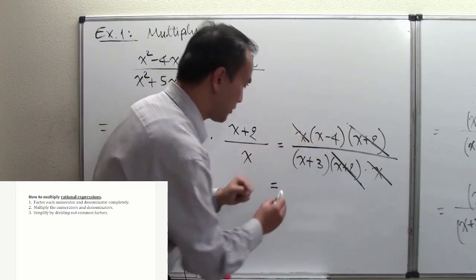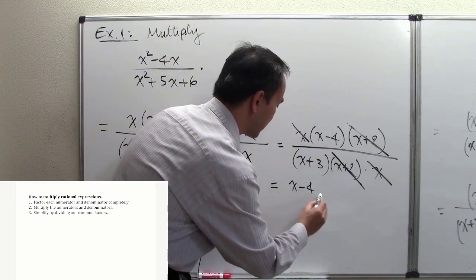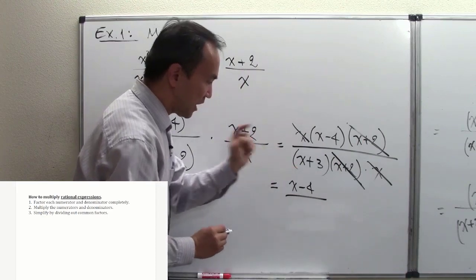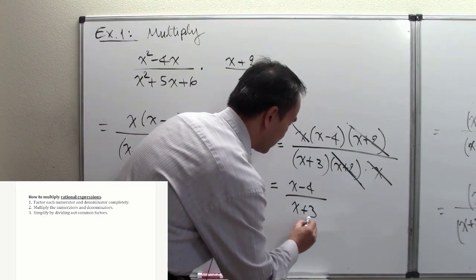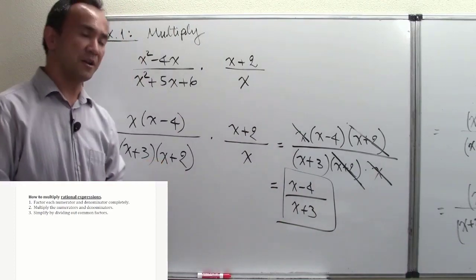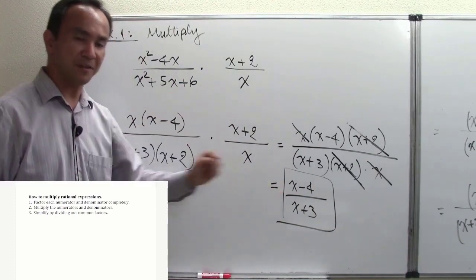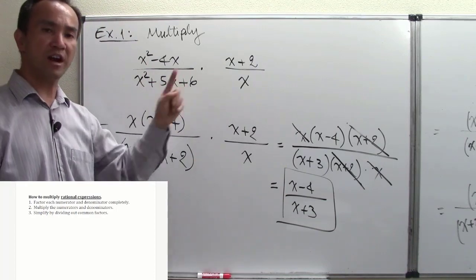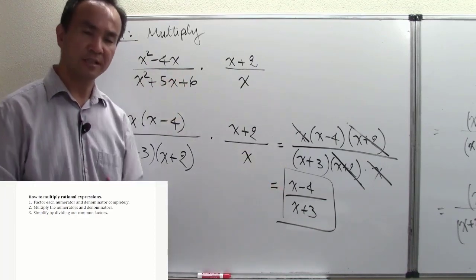In the numerator, we have x minus 4 as the remaining factor, and in the denominator, we have x plus 3. So we multiply and we simplify. And that's how I have multiplied these 2 rational expressions. And that's my final rational expression.